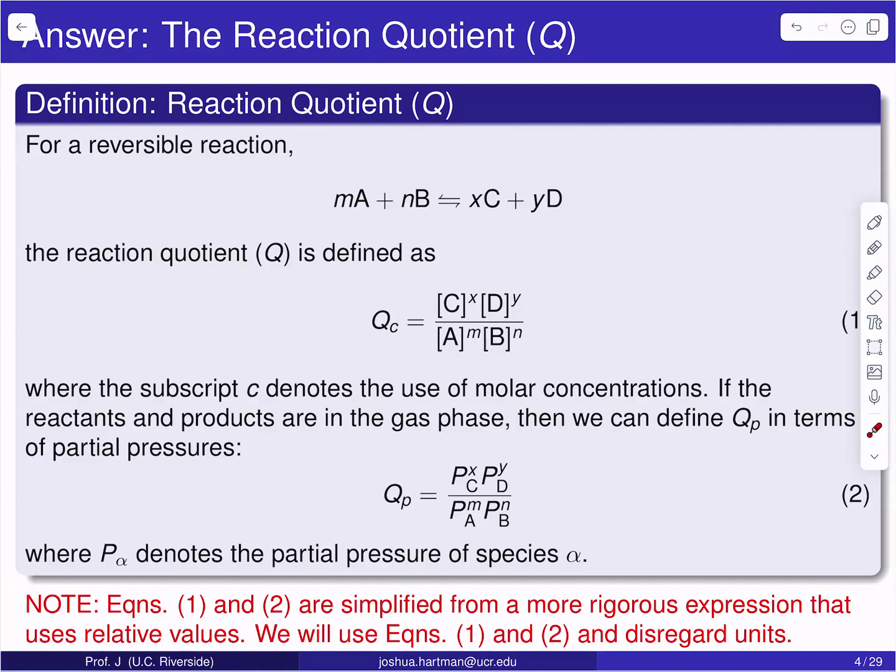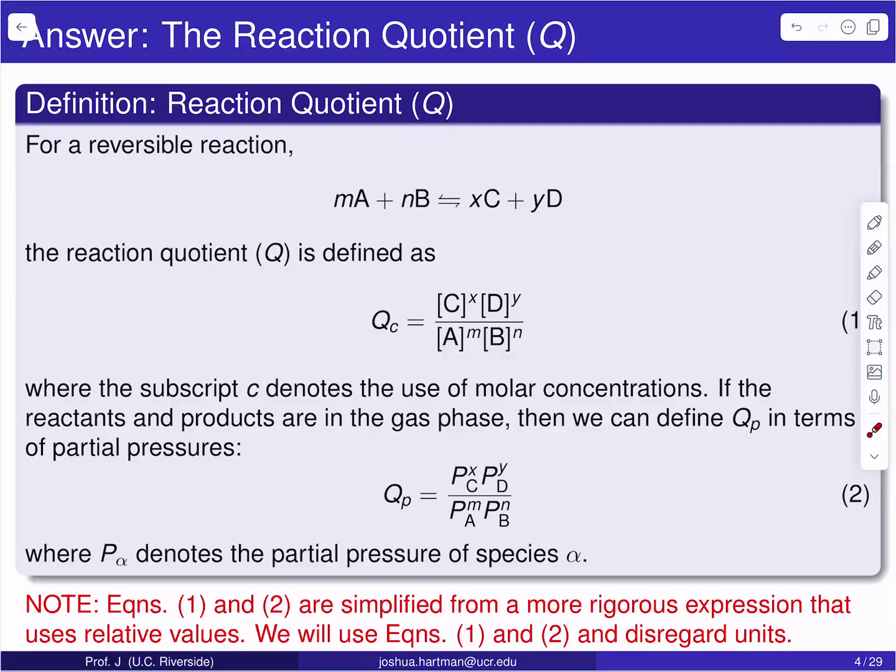Now, I want to point out that these equations, the reaction quotient in terms of concentration or pressures, are a simplified form of a more rigorous expression that uses relative values. And so there's some complexity here that is simply beyond the scope of the course. You're more than welcome to reach out to me and we can talk about this in more detail.